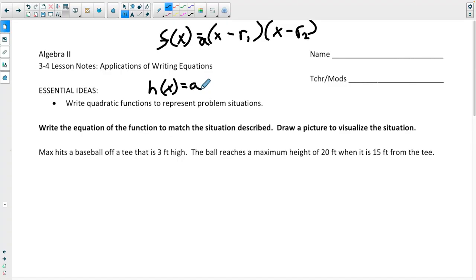Parentheses x minus a squared plus k. Thank you. All right, so that is our vertex form. So today, the only difference from yesterday is that we have context for the problems.